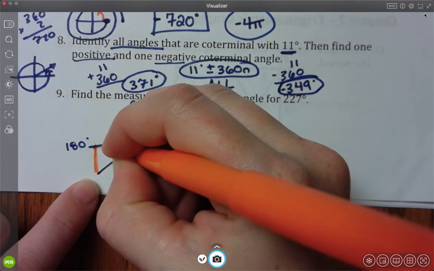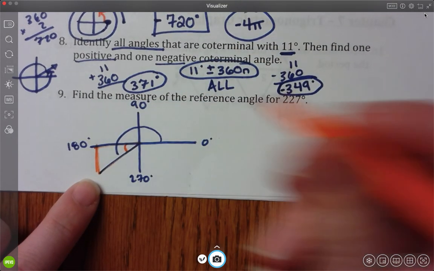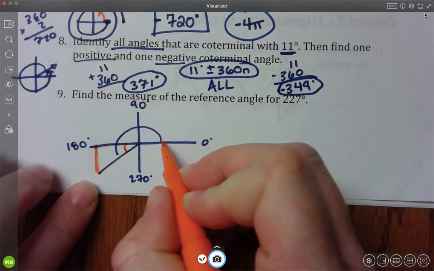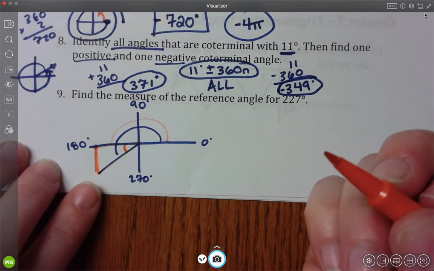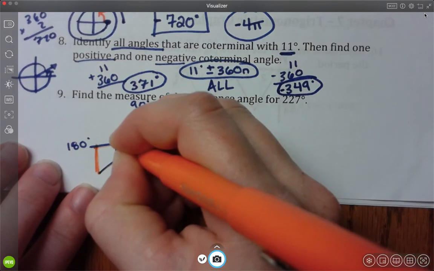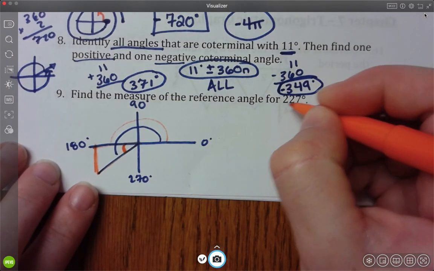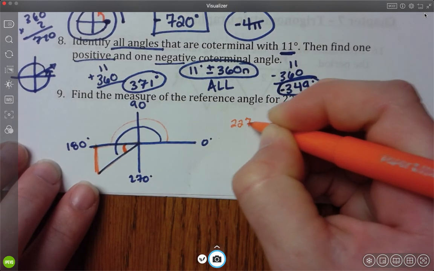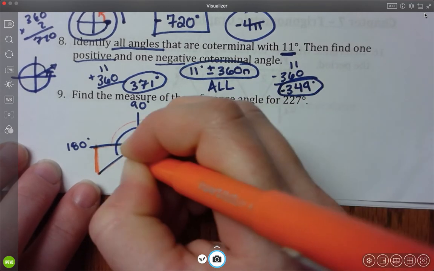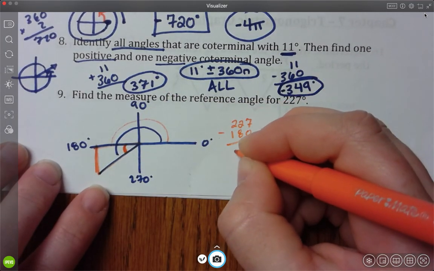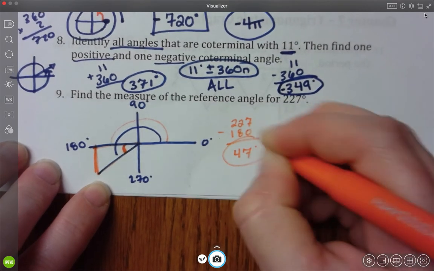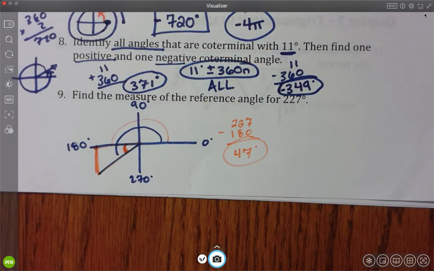The reference angle would be just this one. I want to know what that angle is. I know that from here all the way around to here is 180 degrees, but then what would the rest of the way be? 227, if I subtract 180, will give me this little reference angle, which will be 47 degrees, I think. This little reference angle right there is 47. All right, let's go to the next page.